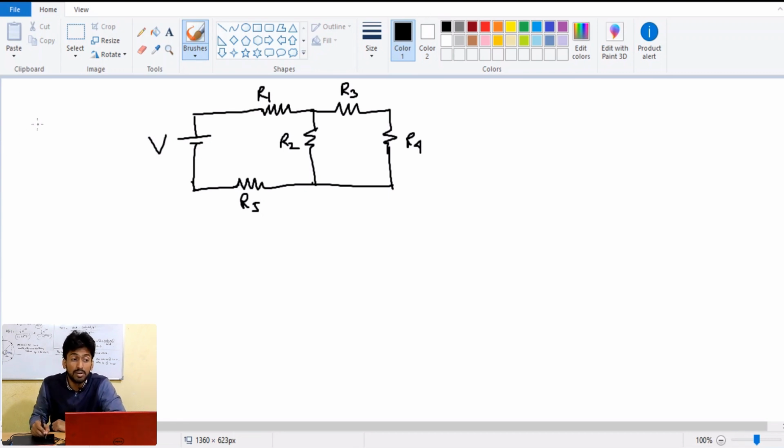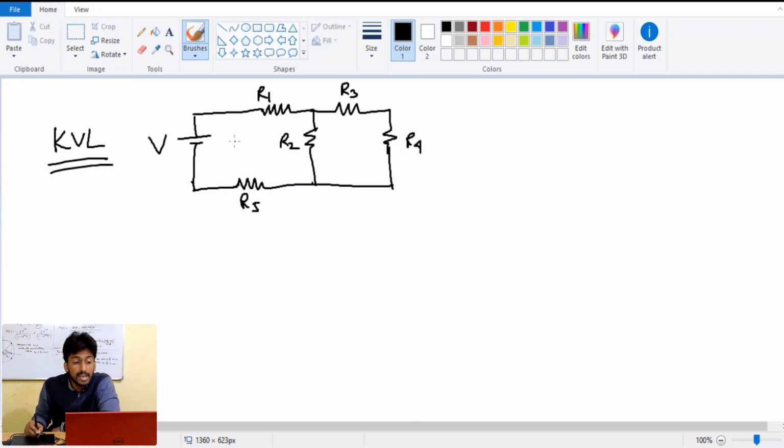Always remember, KVL and KCL are two laws and they depend upon their own rules and conventions. While discussing KVL, we are assuming some particular conventions for this analysis only.